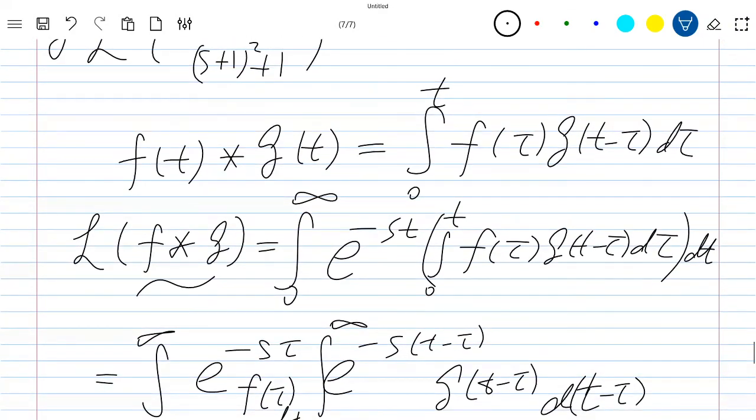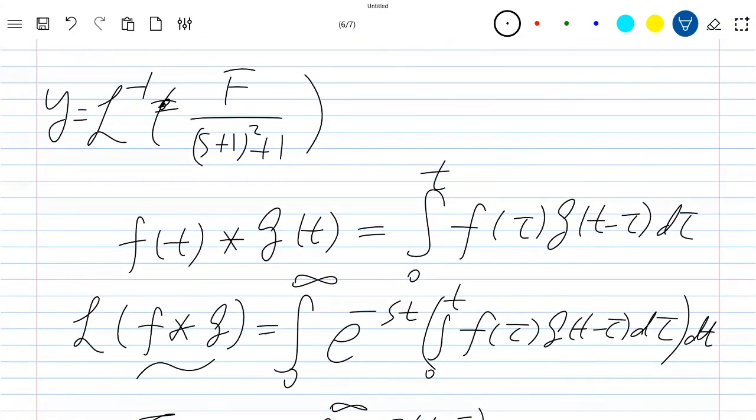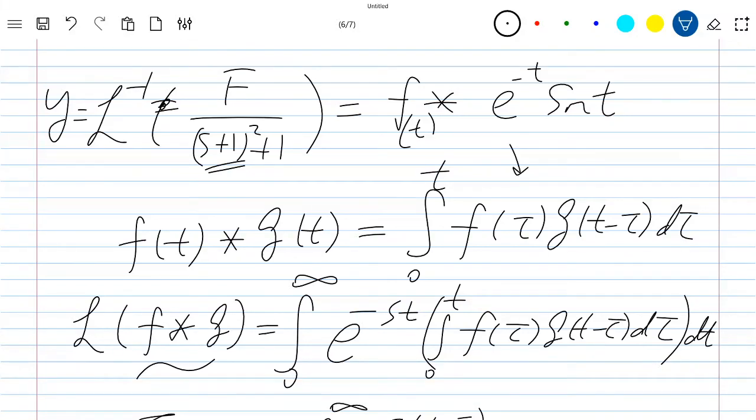So this is just f convolved with e to the negative t times sine of t, right? The negative comes from here. So you convolve the functions to get your answer, and then you can just plug it into this formula.